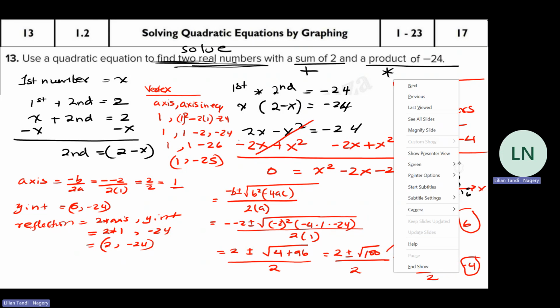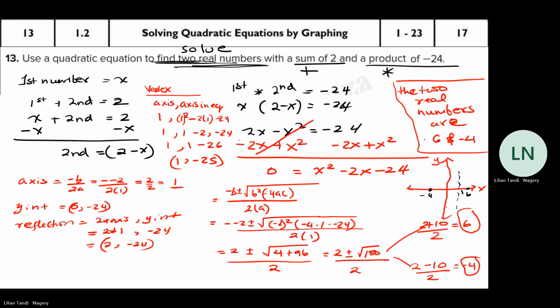It doesn't matter, let it stay there because it's a sketch. Anyway, your graph will be going up because your a is positive. Where is your y-intercept? 0, negative 24. So here, this number should be negative 24. Then you should have another one here at 2.